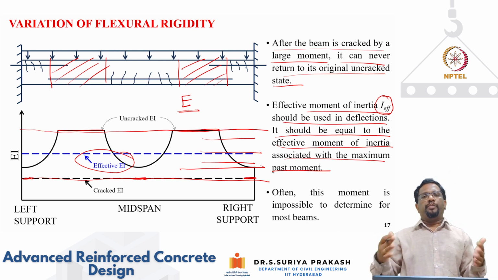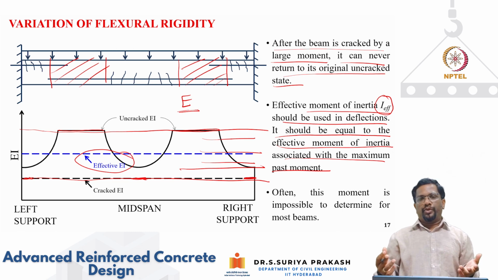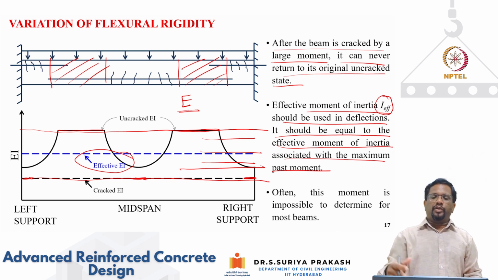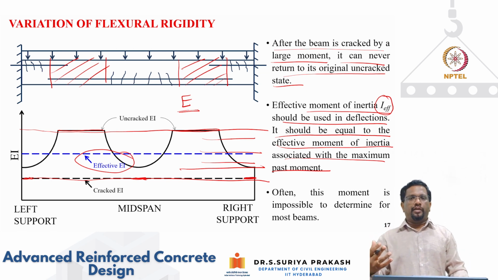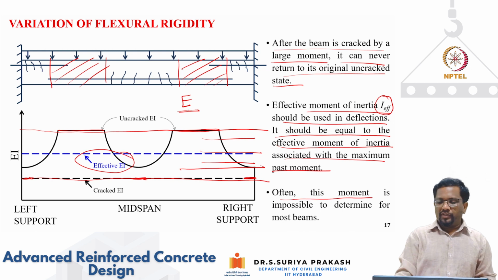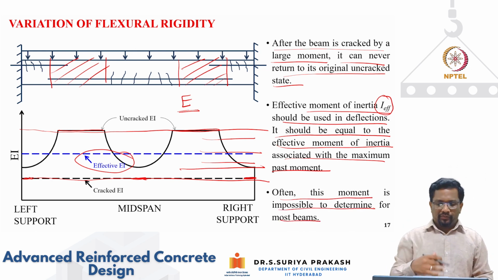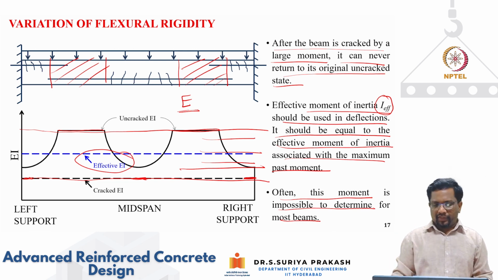Now the service load may be lesser, but if in the past it has been accidentally overloaded, then it would have cracked. That is the moment of inertia we should actually use to calculate the current deflections for the current applied load. But often we will not know the maximum level of moment that particular beams were subjected to. So what we are trying to say is, we'll use the effective flexural rigidity.